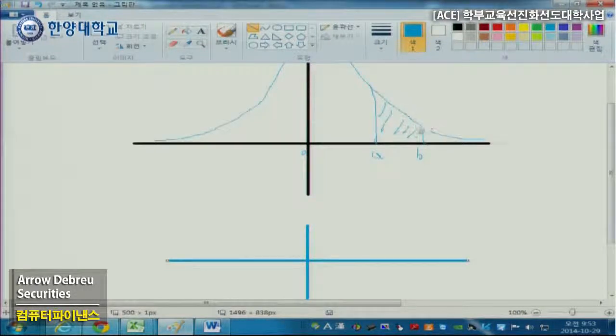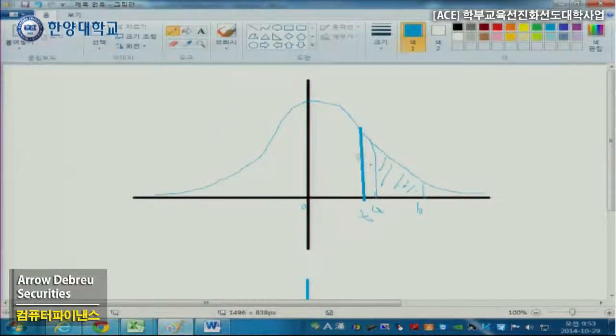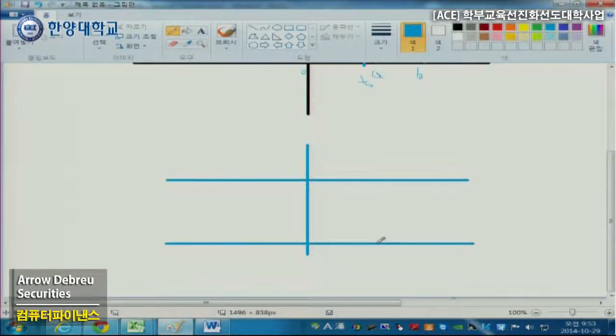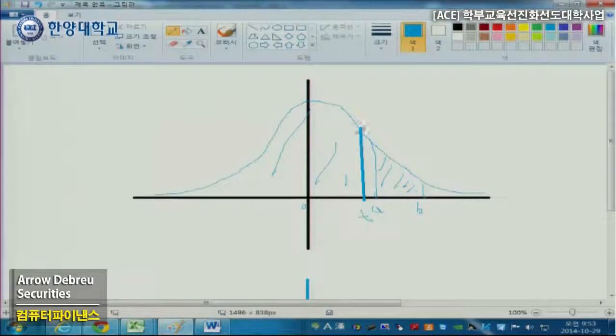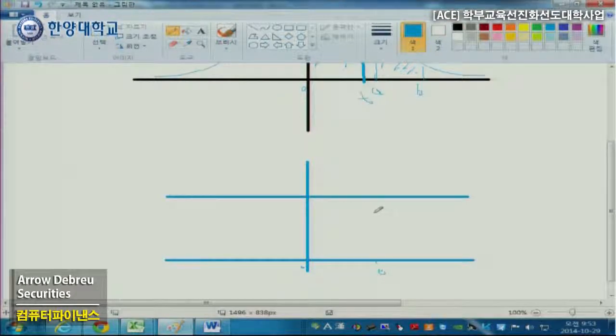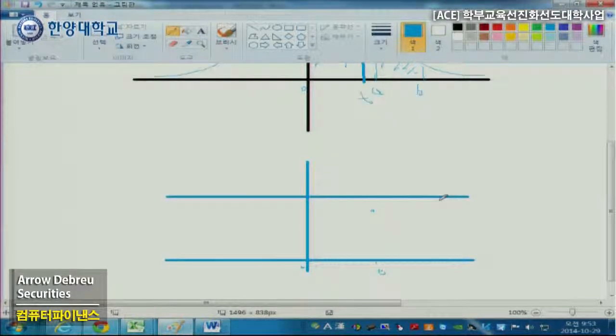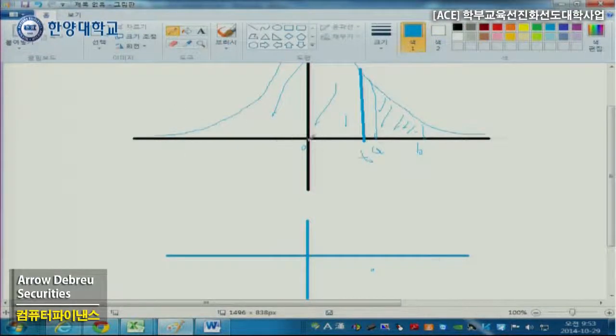If we pick some t, then the cumulative density function means the size of this area. If we pick t around here, where t is 0, the probability is the size of this area, let's say like 0.6, somewhere like this point. And if we pick a number very far in the tail, it will be close to 1.